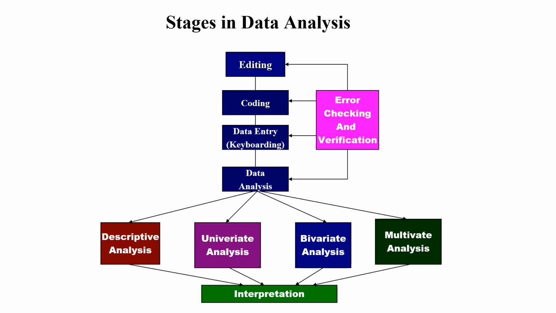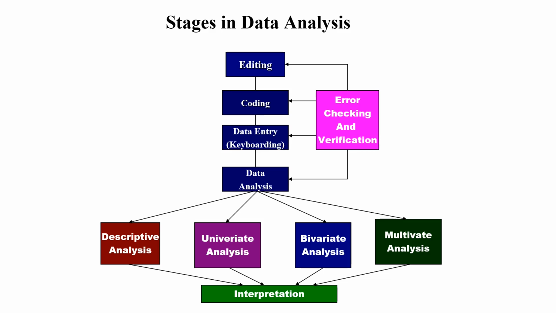The analysis may be descriptive analysis. Descriptive analysis is where we try to find out mean, median, mode, variance, skewness, kurtosis and range. All these tools come under descriptive analysis.